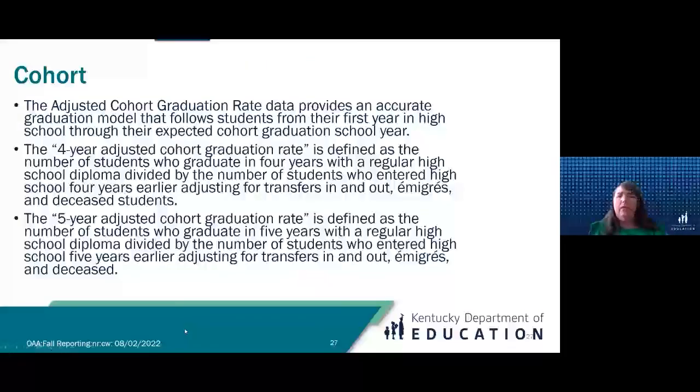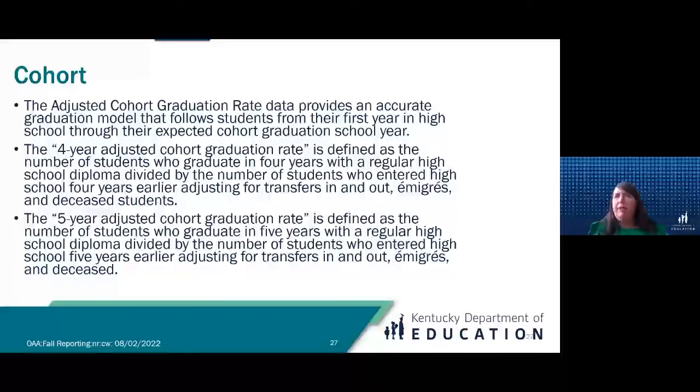And then now we're moving into cohort. Now this just talks about the adjusted cohort graduation model. People forget this particular piece of cohort, that it provides an accurate graduation model that follows the student from their first year in high school through their expected cohort graduation school year.